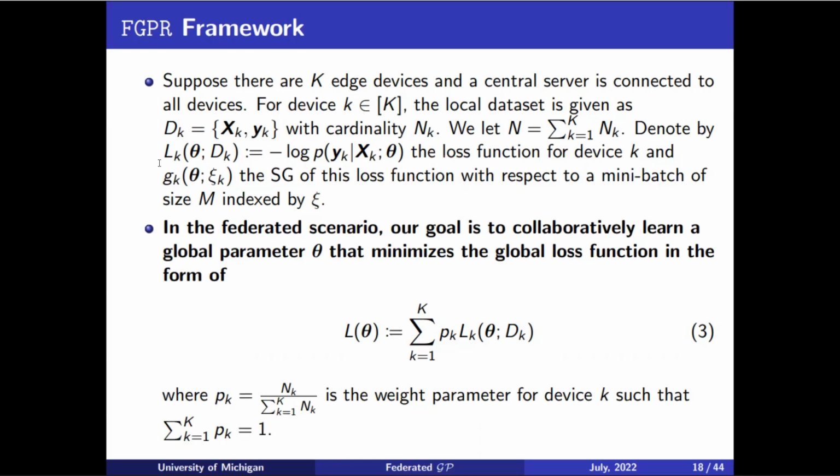Denote by L_k the local loss function for device k and also g_k the stochastic gradient of this loss function with respect to a mini batch of data. In the federated framework, our goal is to learn a global model parameter theta that minimizes the global loss function, which is the weighted summation of the local loss functions weighted by p_k.